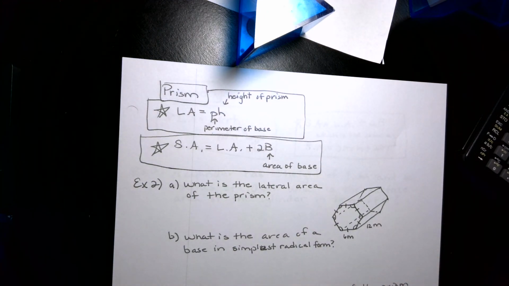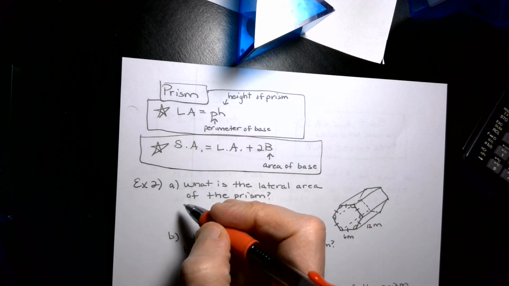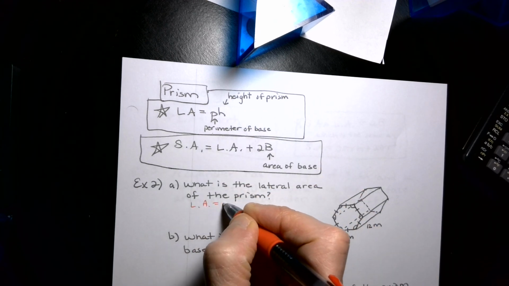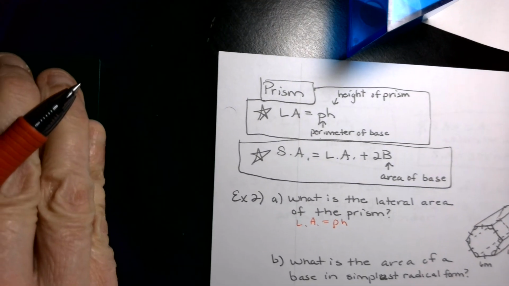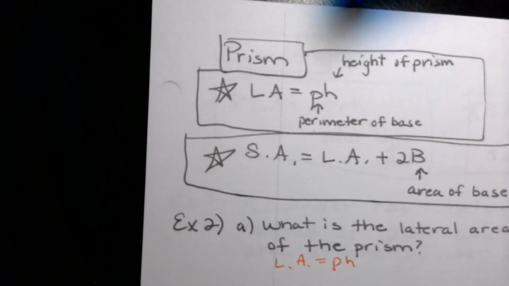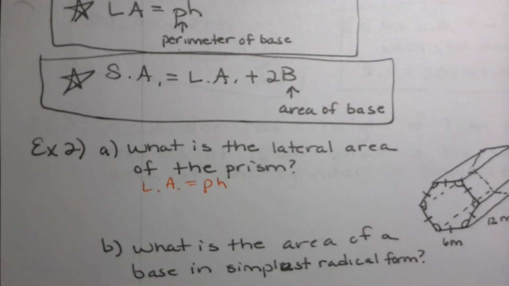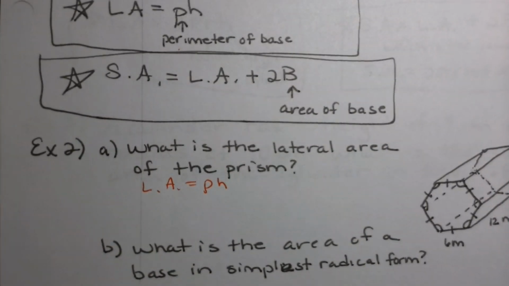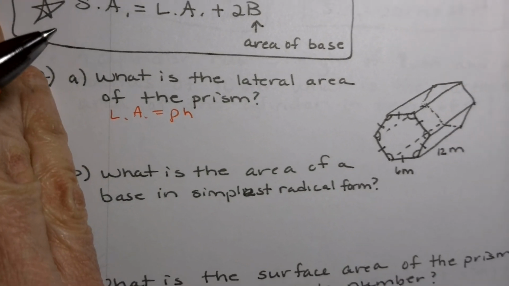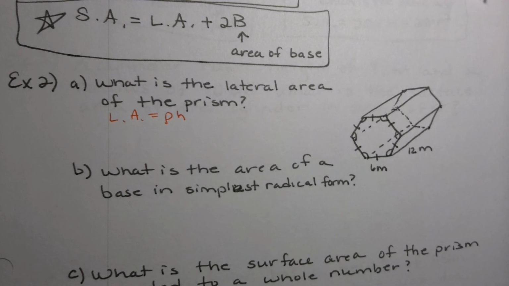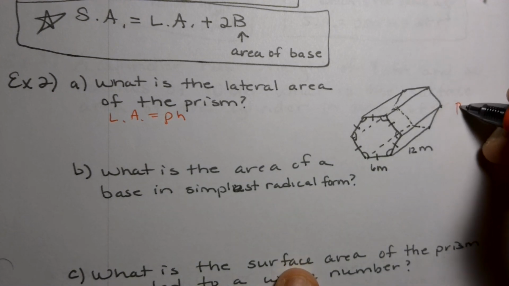What is the lateral area of the prism? Okay, so let's grab our formula. First thing you do is write your formula. And you can see what you need. I need perimeter and I need height. I'll lower this again. You can see a little clearer. Okay, clear. So I'm going to go over here and I'm going to get my perimeter.